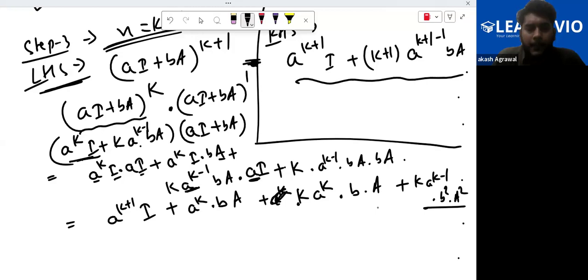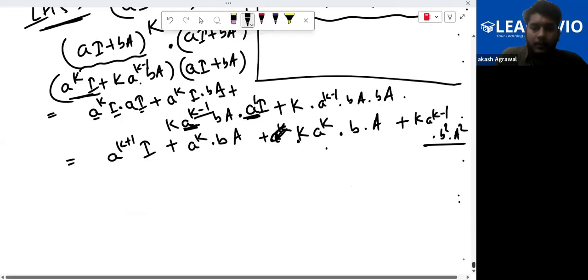I asked, how did we take k minus 1 as k for the second last term? Because see, we have A^(k-1), and we have A also, right? So the powers are added together. Here we have power 1. So if 1 and minus 1 are added, it just vanishes. Okay, got it?